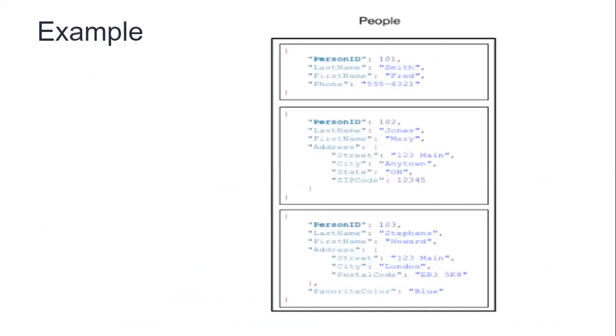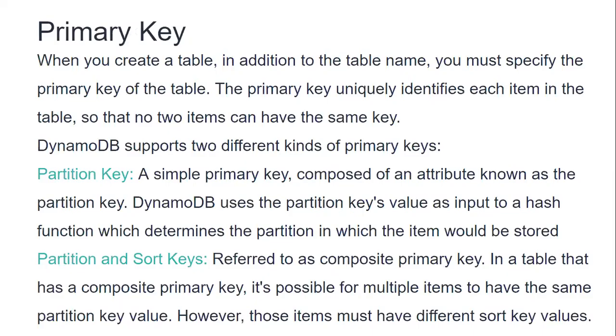Now, let's go back. Realize that person ID in all three items has been bolded, right? It's in bold. So that's our partition key. And you realize they are all different. So your partition key or primary key must always be different. There are situations where your partition key may not be different, right?